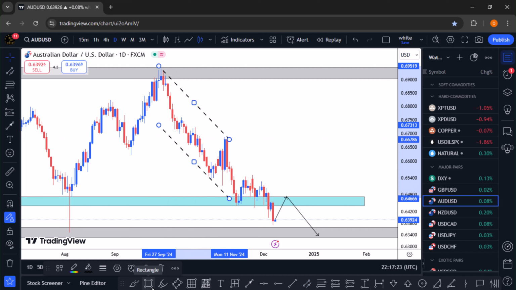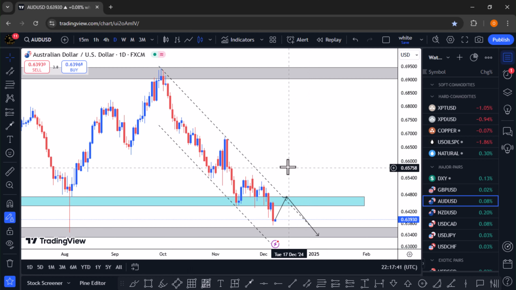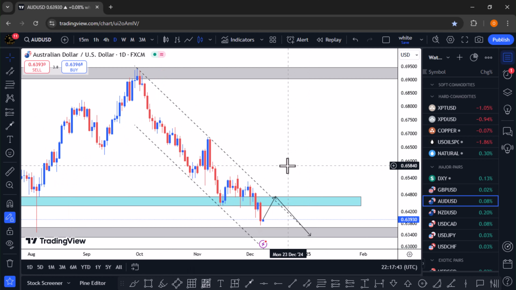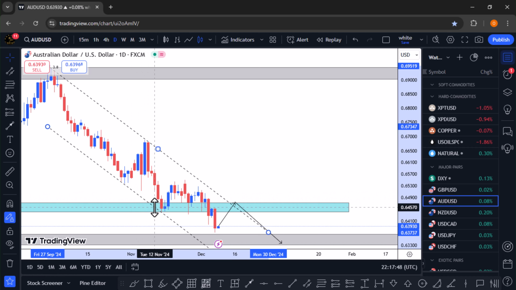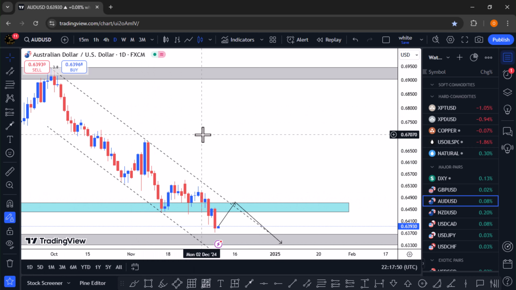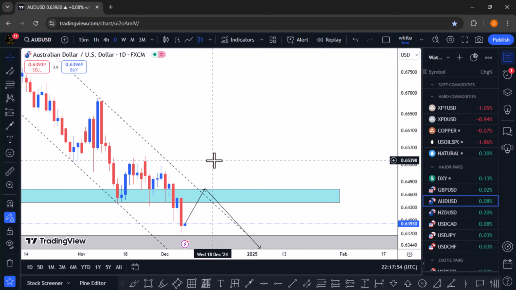I'd like to make this a trend line, and okay, let's just go to the downside. Now you see what we have. We are having a channel to the downside. This is a channel to the downside, just like what I told you.